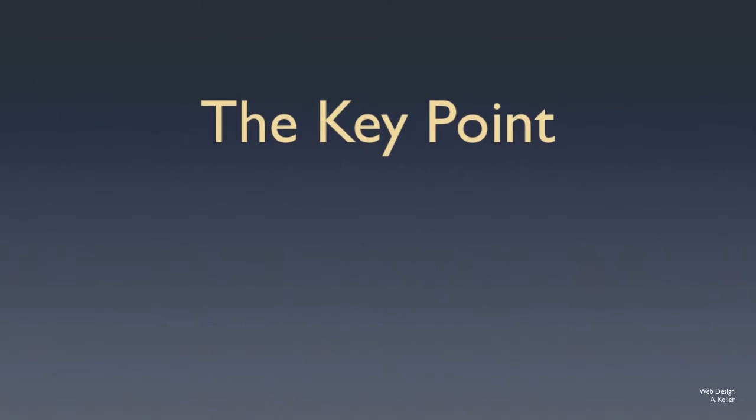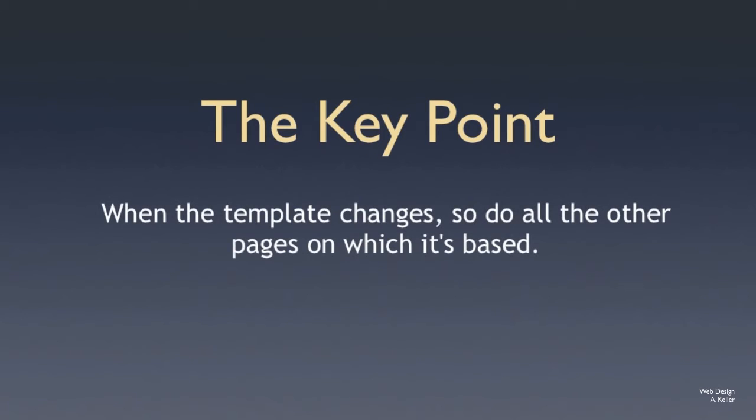So the key point, if you will, is that when a template changes, so do all the other pages on which it's based. Not only is the content variable, you're allowed to make changes from page to page, but if you decide at some point in the process that you think that this thing should be here as opposed to there on all the pages, when you make that change to the template, Dreamweaver offers to automatically update all those pages.